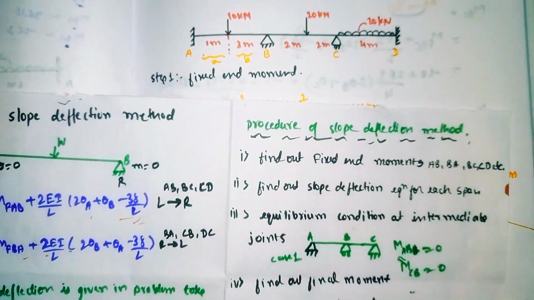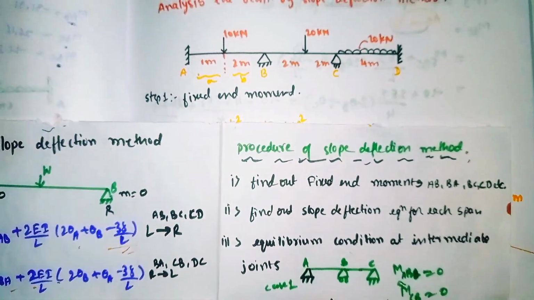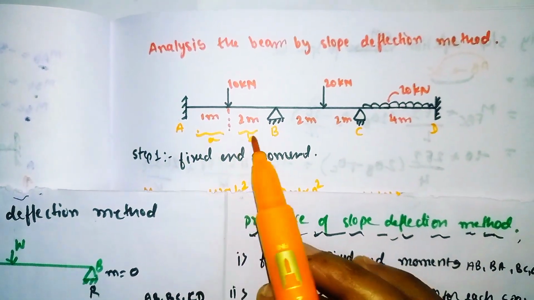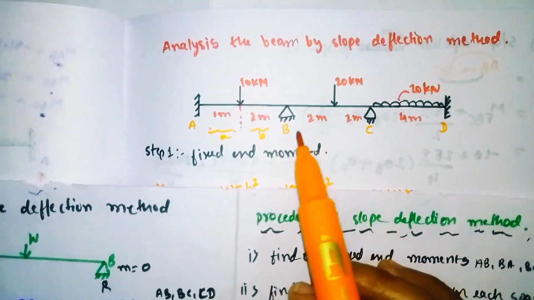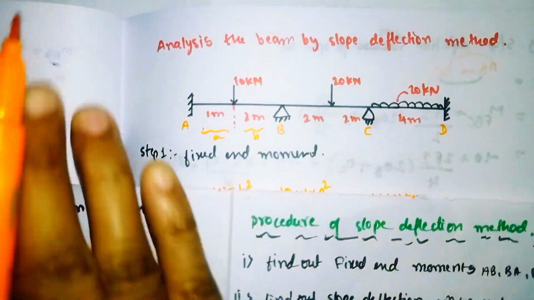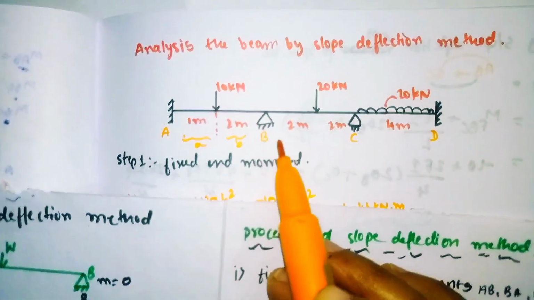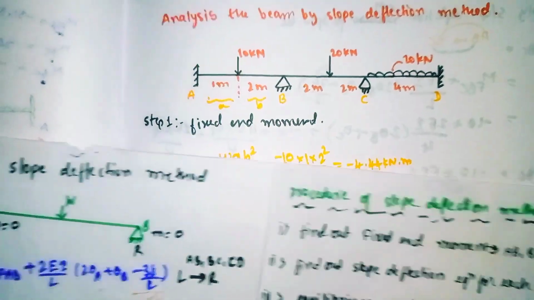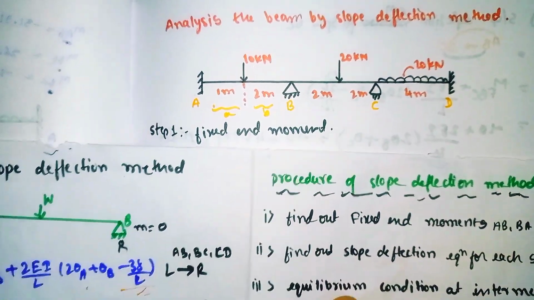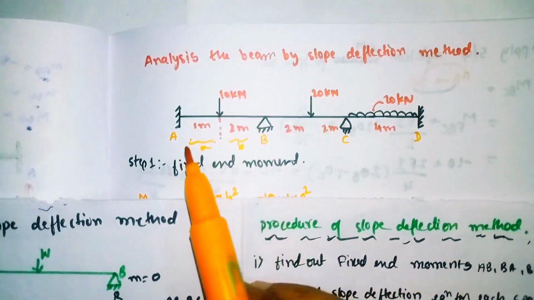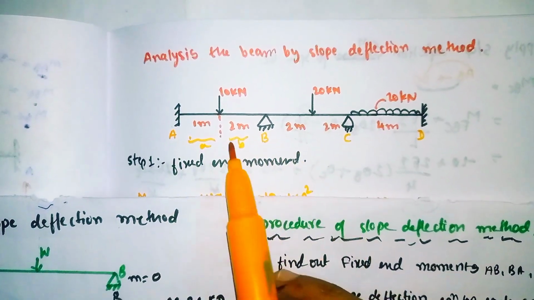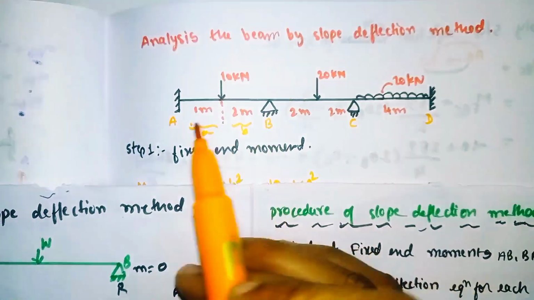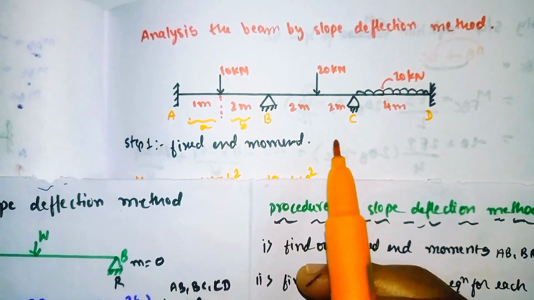So what we have to do is, first take these 3 points A, B, C, and later hide A, then take B, C, D. For A, B, C we have the equilibrium equation BA plus BC is equal to 0.